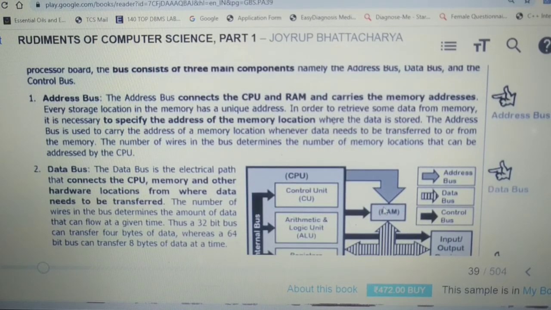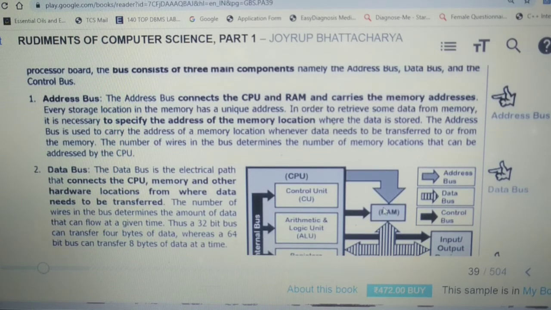The number of wires in a bus determines the number of memory locations that the CPU can address.